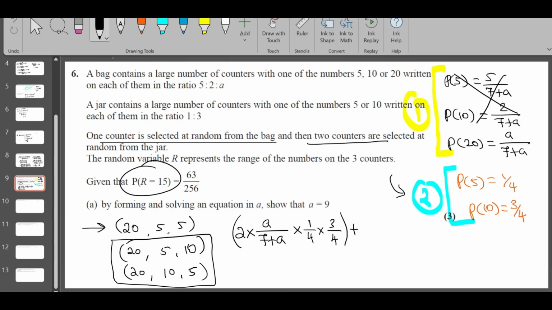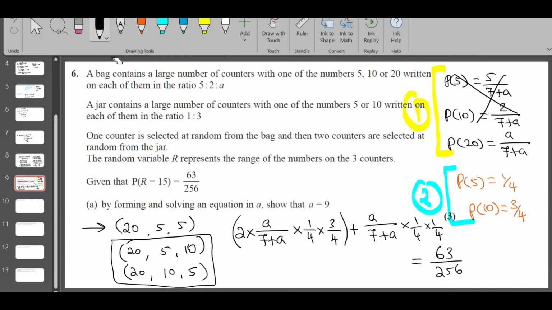Now this one, the probability of 20 from the bag times 5 from the jar, 1 over 4 times 1 over 4. This is equal to 63 over 256. Hope you understand this. There are 3 combinations that will give you the range 15, because here the bigger number minus the smaller number is 15, here also 15, here also 15. So you need to find the probabilities of them, equate to the given number.